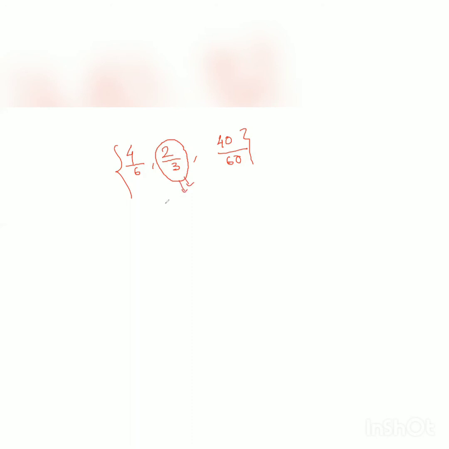This is the simplest form, known as the standard form of a rational number. In this case, check that there is no common factor between 2 and 3.